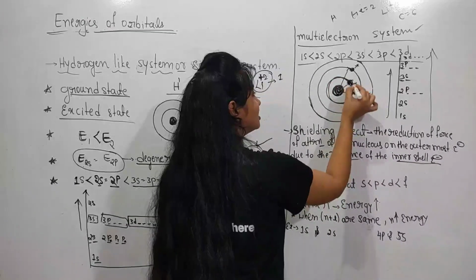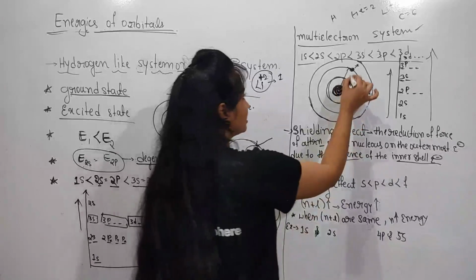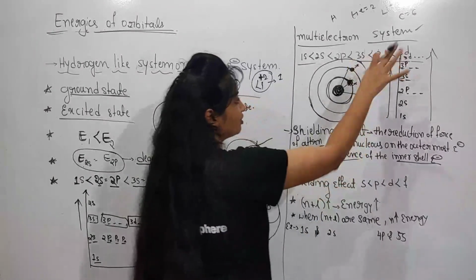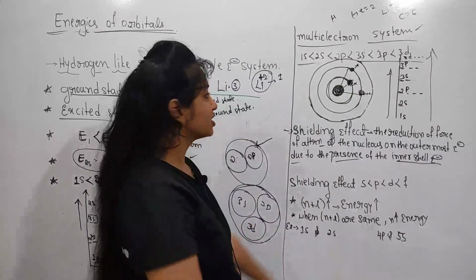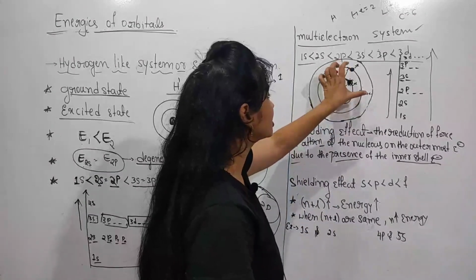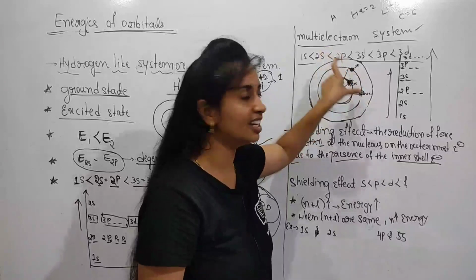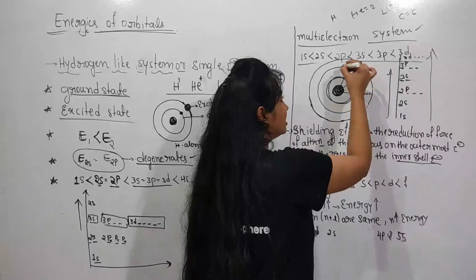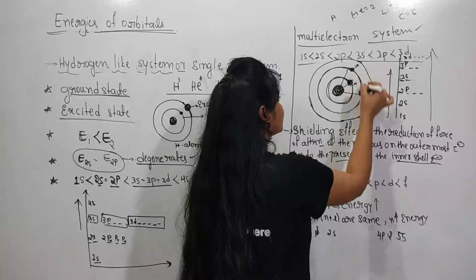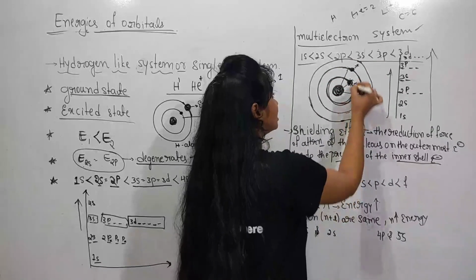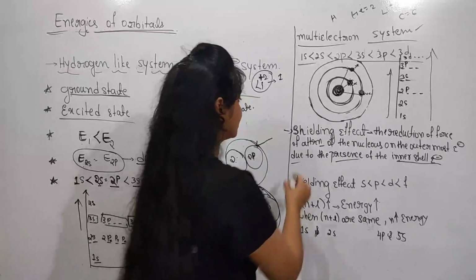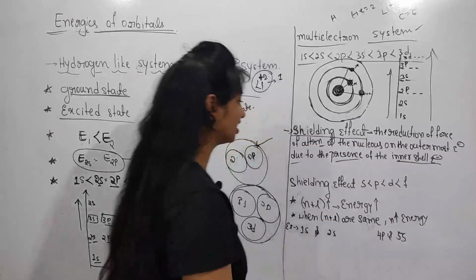Due to the presence of this inner shell electron, these two are repelled from the nucleus. So they feel a shielding effect or screening effect. So the energy level of this state is totally different from the energy level of this shell. This is called the shielding effect.